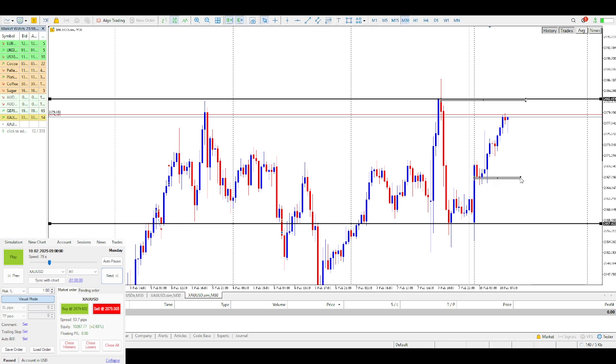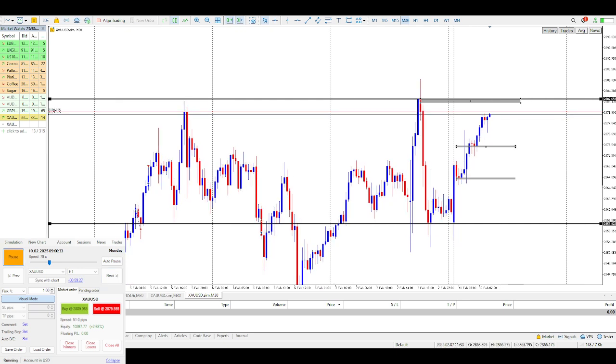And you can see below that support there is the green range, and there is also this support. So price is on a massive bullish trend.